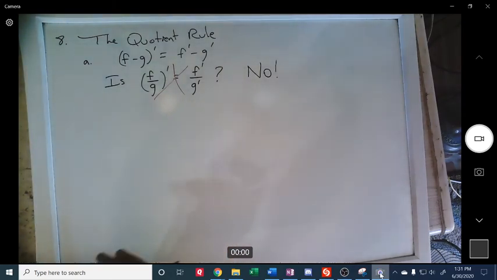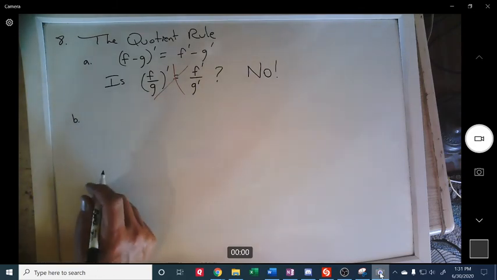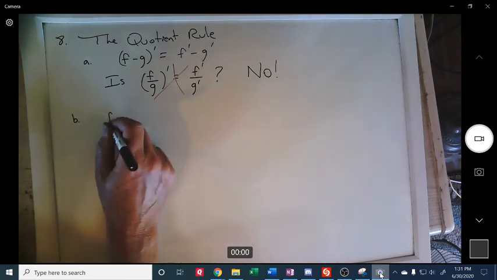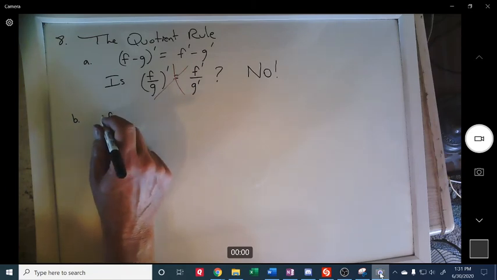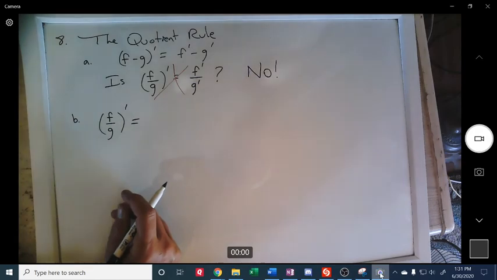Similar to the way the product rule was necessary, the quotient rule will be necessary. The quotient rule turns out to be this: f divided by g prime.